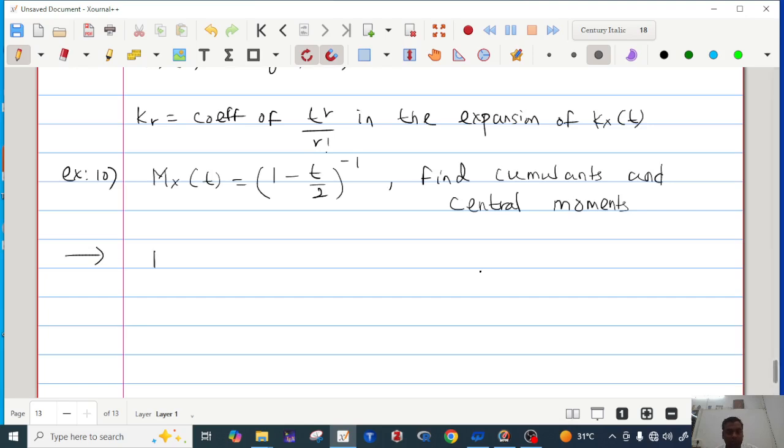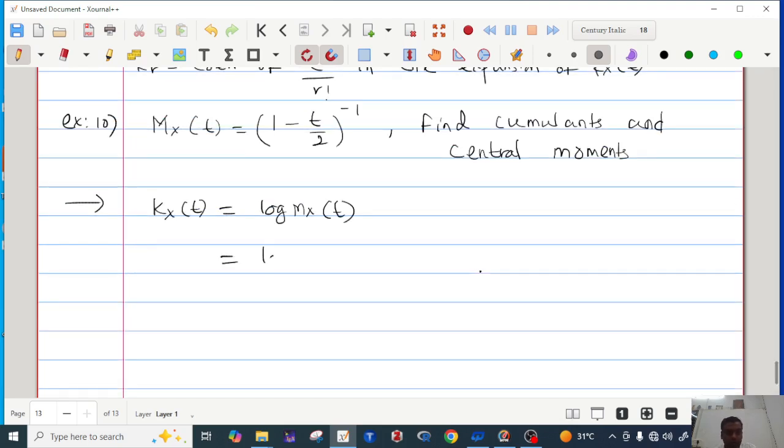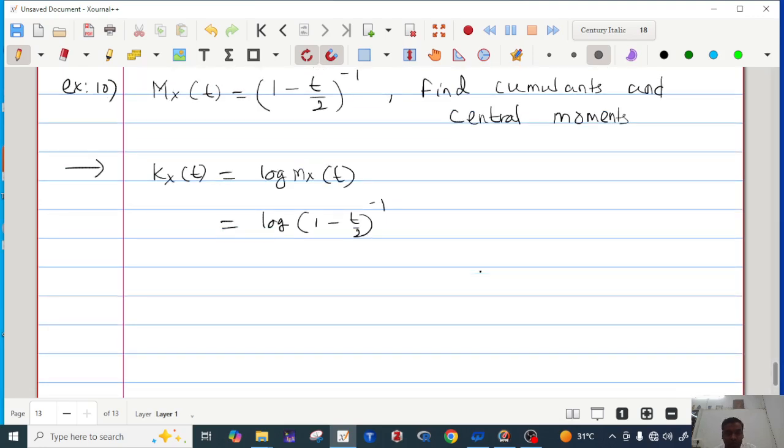What is the definition of cumulants? KX of t equals log of MX of t, which is log of 1 minus t upon 2 raised to minus 1. Minus 1 comes outside, so minus log of 1 minus t upon 2.